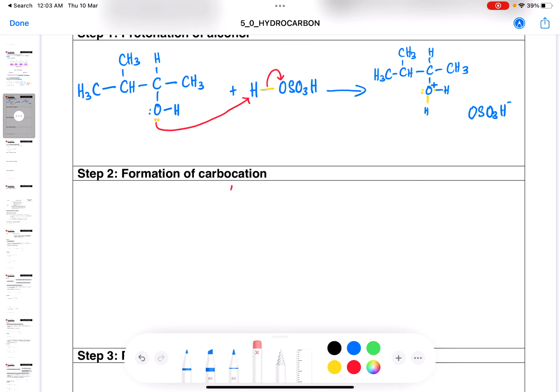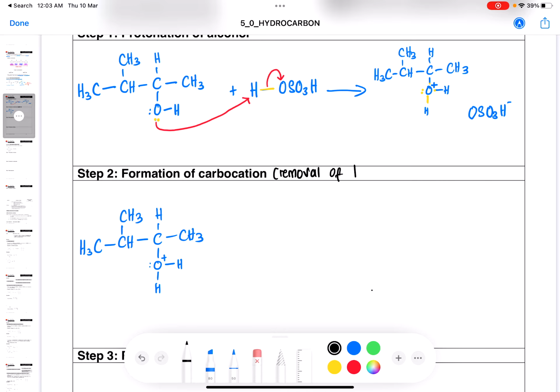Now let's proceed with the second step, which is the formation of carbocation. We rewrite it back. In this step, like I mentioned in the previous video, the formation of carbocation is also where H2O is removed.